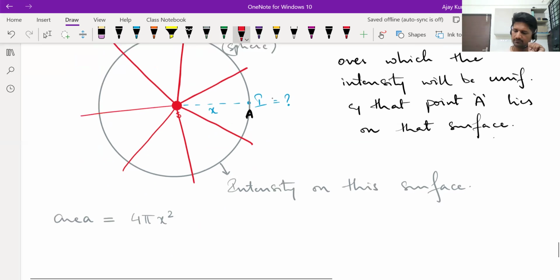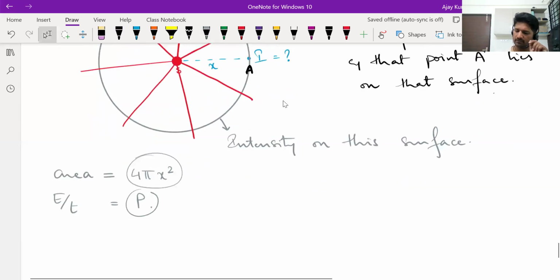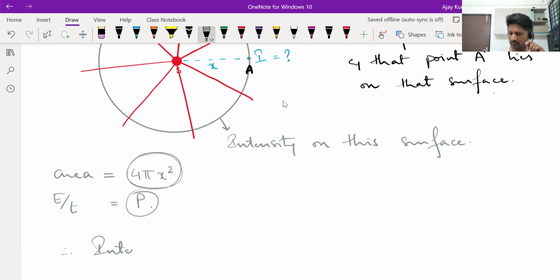Therefore, the energy crossing this sphere per unit time is P, and the sphere has a surface area 4 pi x square, which means this power is distributed over this much area. Therefore, intensity on that sphere becomes the power P divided by the cross-sectional area through which that power is passing.